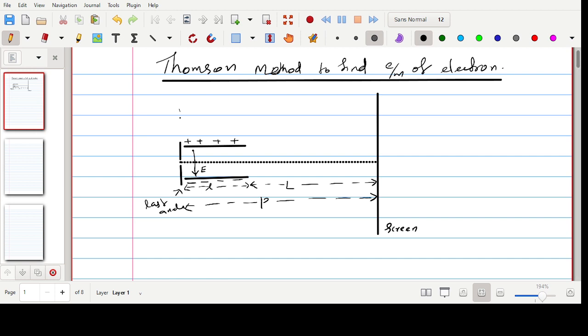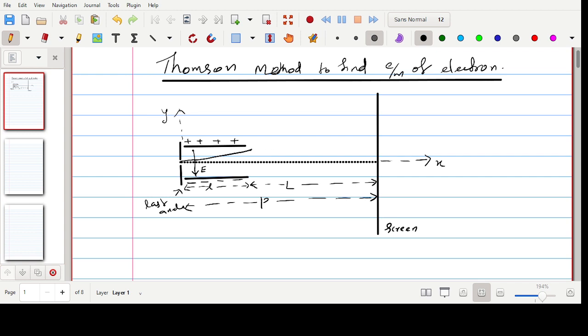So this is the y direction, and this direction I am taking as the x direction. This electron will be deflected in the positive y direction. When it ejects out of this plate, there is no electric field.